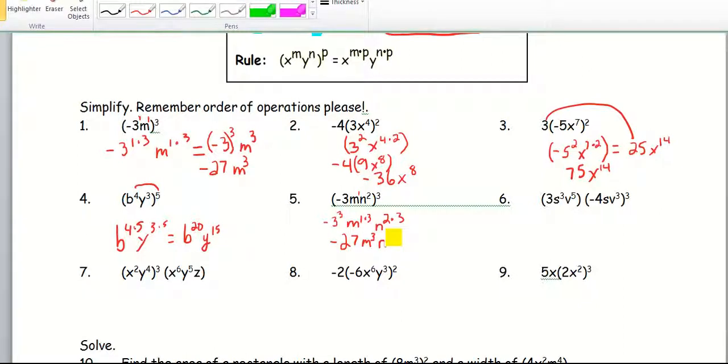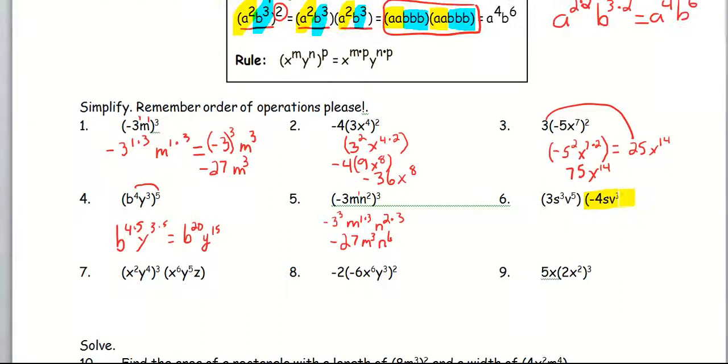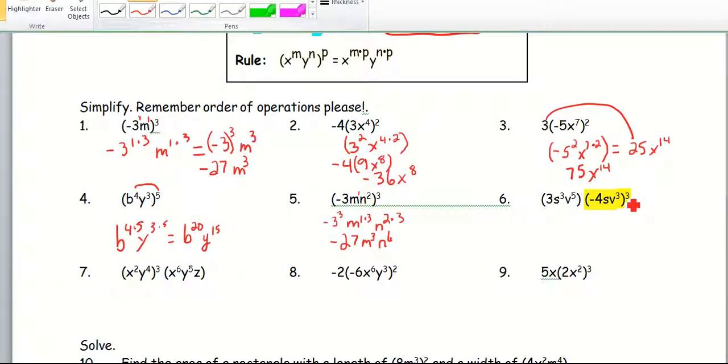All right, number 6, it's not that complicated. We just have to remember to do everything in order. So we're going to do this part first. We're going to worry about this later. So let's do our parentheses that has an exponent first.